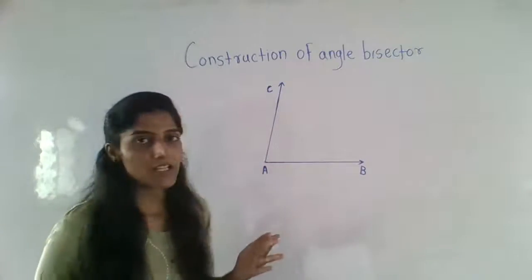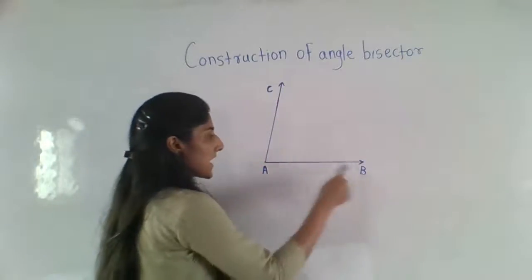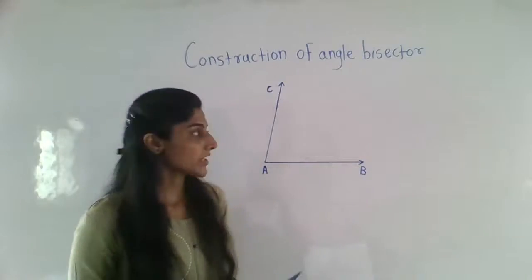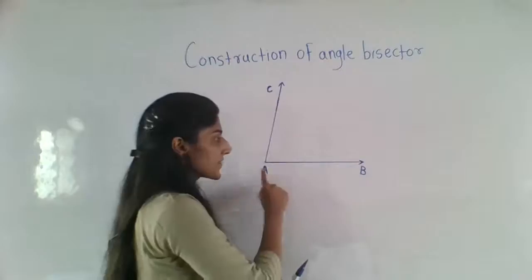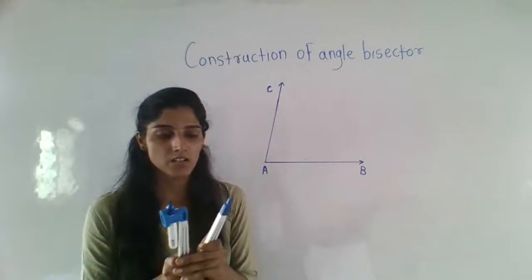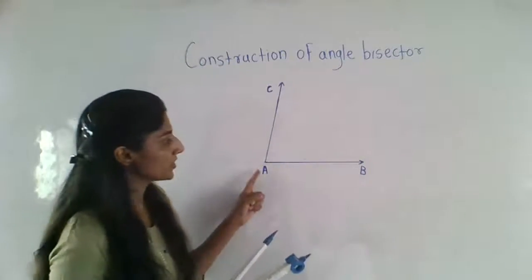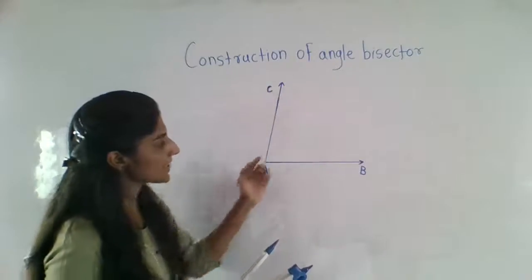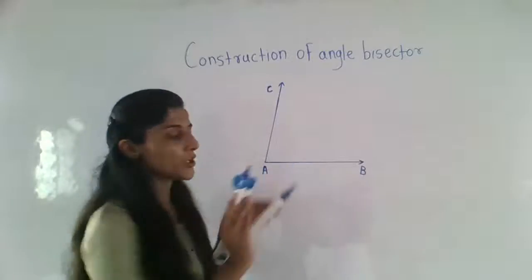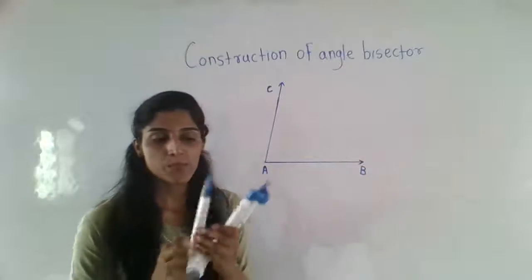With any convenient distance, draw an arc which cuts the ray AC and ray AB. You can take any distance, whatever you want, and draw an arc from point A. So let's see the first step, that is, place the point of the compass on point A. That is the point of the compass.